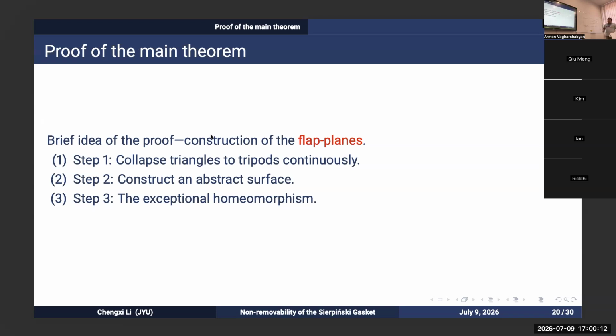And then we need to construct an abstract surface. Step 3 is that with the help of the Bonk-Kleiner theorem, we can quasi-symmetrically parameterize this abstract surface and then compose it with the mapping we derived from step 1. We just get the exceptional homeomorphism as we wish. After we construct the exceptional homeomorphism, we prove the non-removability of the Sierpinski gasket.